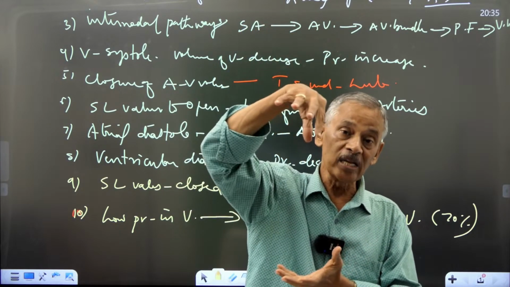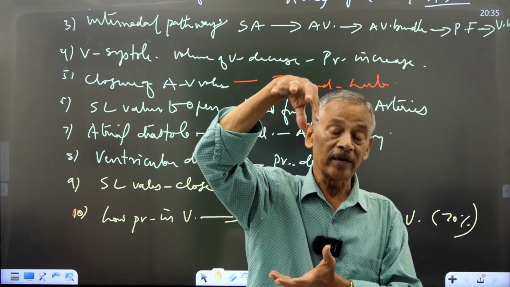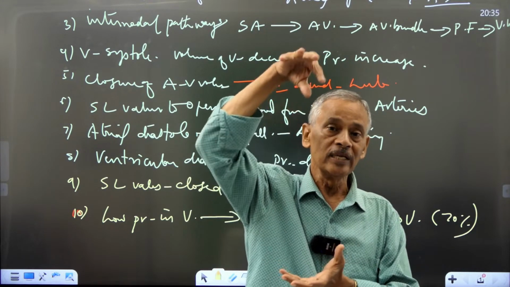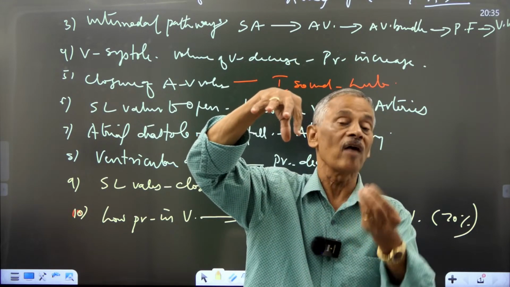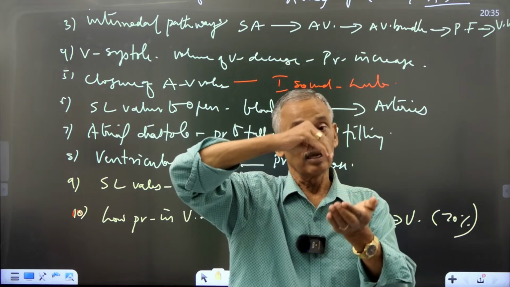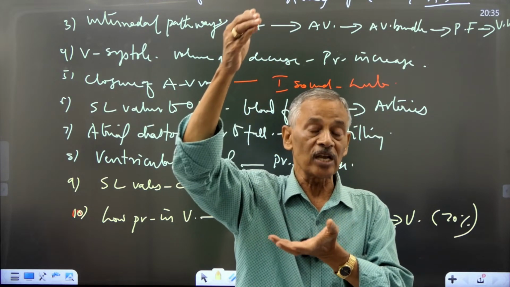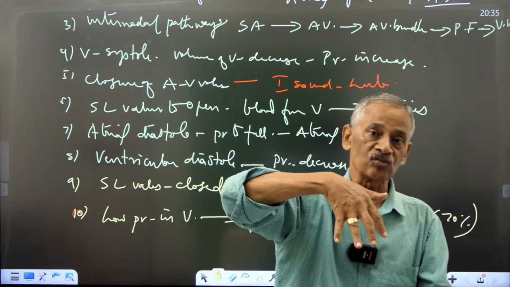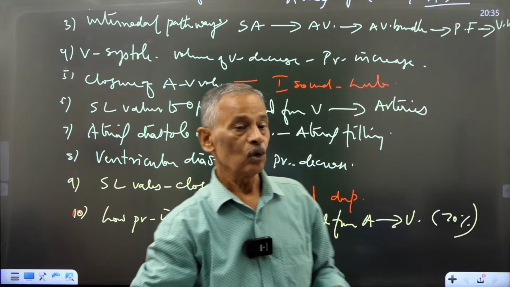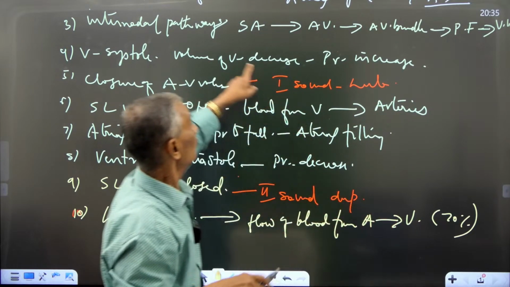The atria are already filled with blood. The ventricle now has less pressure. Because of that, from high pressure to low pressure, fluid flows. Okay, so 70% of the blood is flowing.